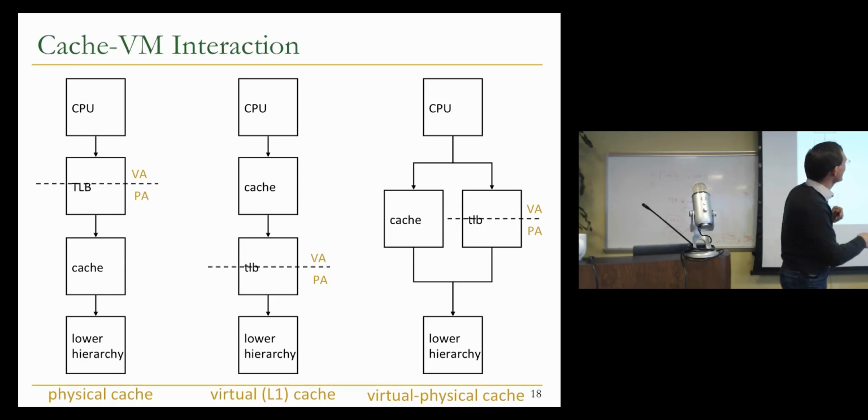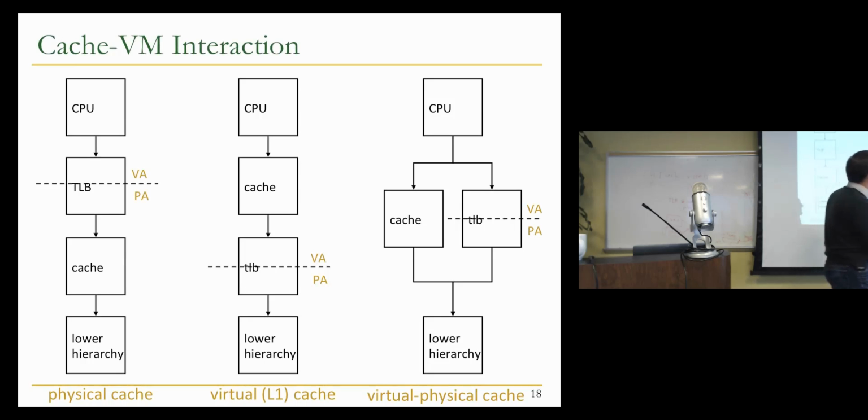You do the address translation together with the cache access. Basically, you virtually index the cache, but physically tag the cache. So you can actually have part of the cache physical, the tag is physical, but the access can start virtually with the virtual address. And this way, you kind of get the best of both worlds. Not fully.